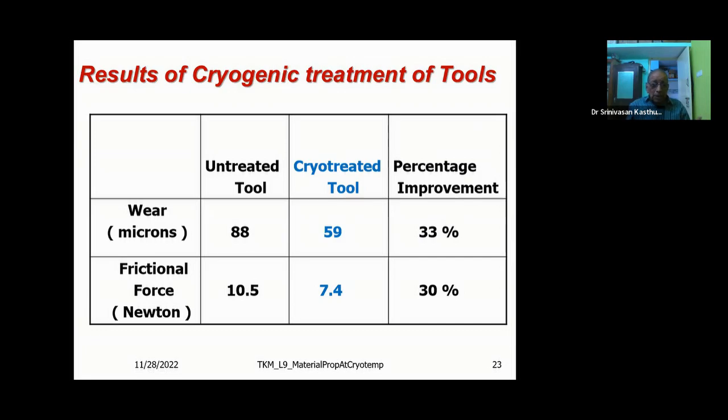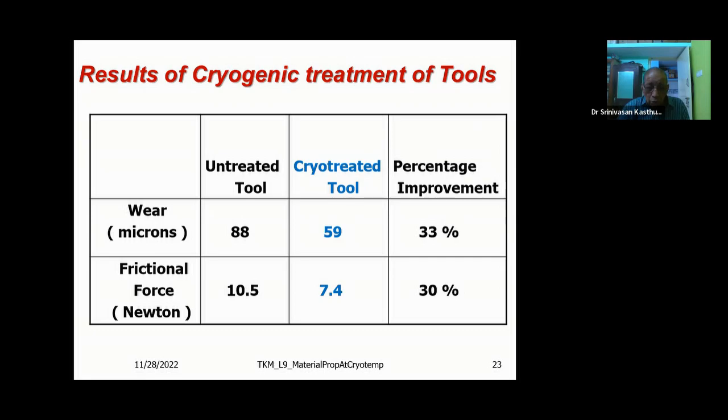Okay, now what is the result of cryogenic treatment? So, for example, if you start with an untreated tool, the wear is higher. It's about 88. Whereas if you do a cryogenic treatment, the wear is only 59. So which means there is a percentage improvement in the material because of the cryogenic treatment, and that's almost about 33%.